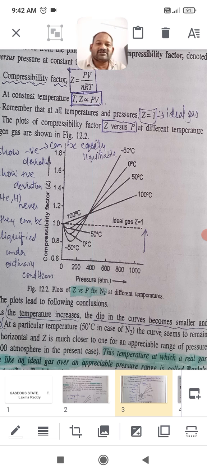These are negative curves at lower temperatures. As the temperature increases, the dip in the curves becomes smaller and smaller.